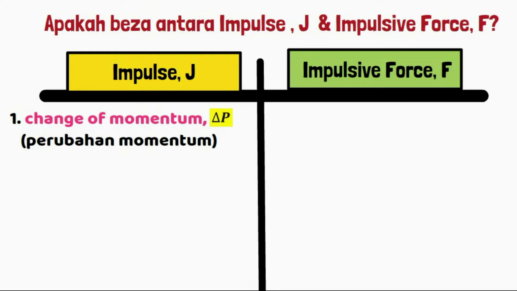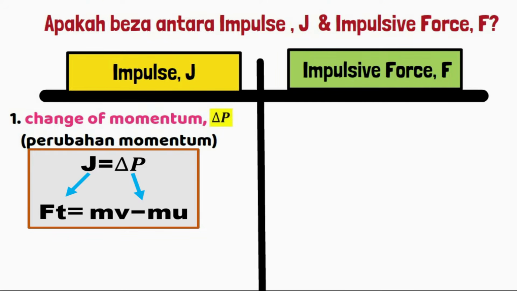So, since impulse is the change of momentum, jadi kita boleh tulis that Ft is equal to mv minus mu, di mana Ft is equal to impulse. Ft adalah impulse. So, impulse J is equal to mv minus mu.